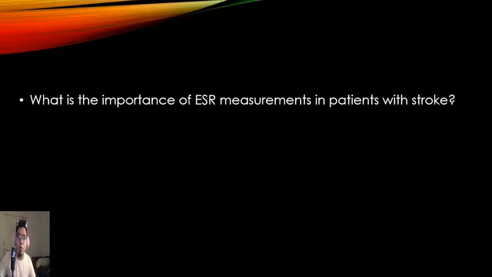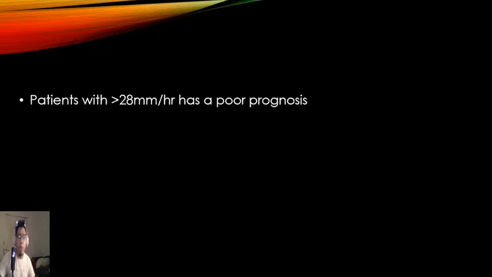Patients with stroke with a value of 28 millimeters per hour usually have a poor prognosis. It has been reported, and my main source here is Daisy's book. I think you can also see it in Rodak. The last time I saw the book was way back in 2013, when I was taking the exam for ASCP.